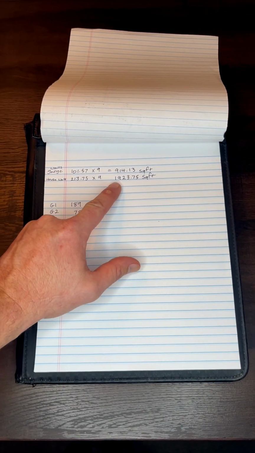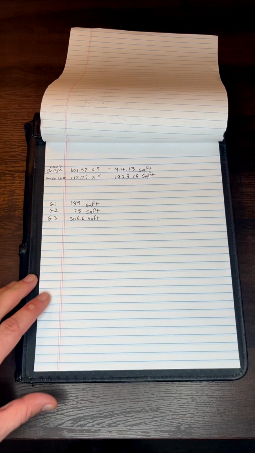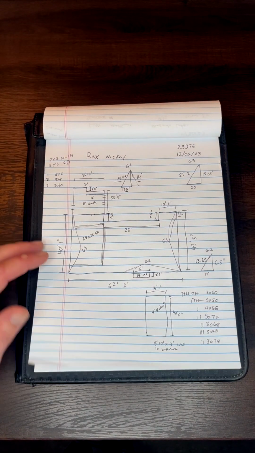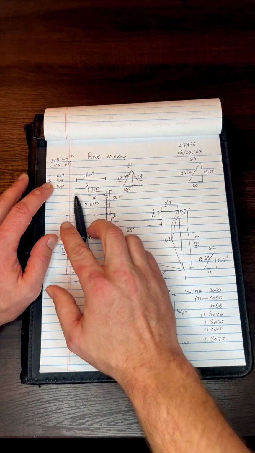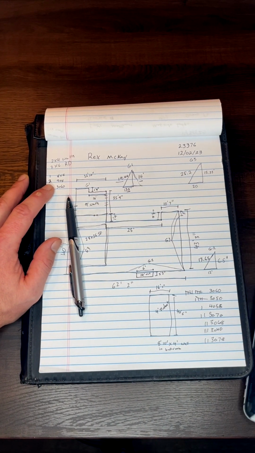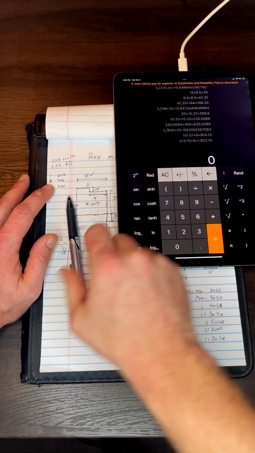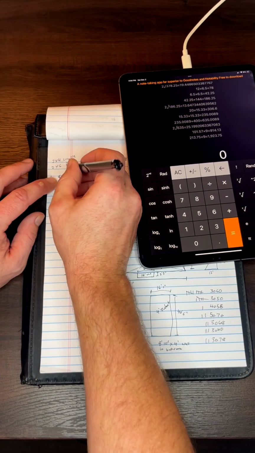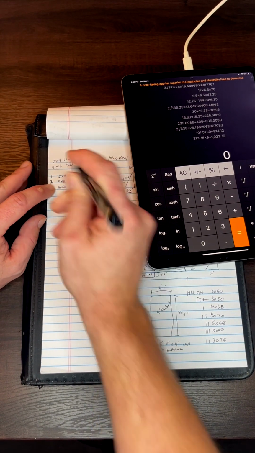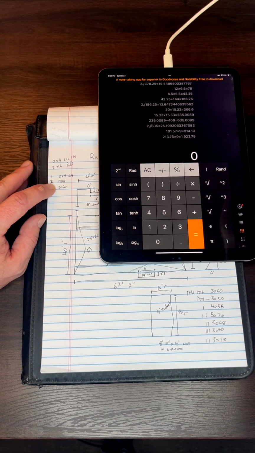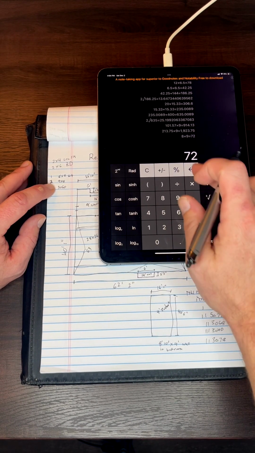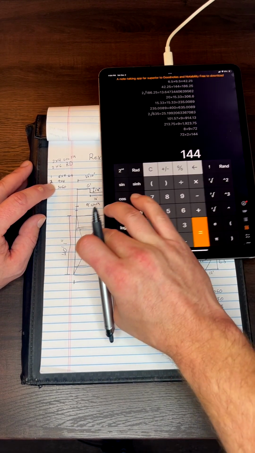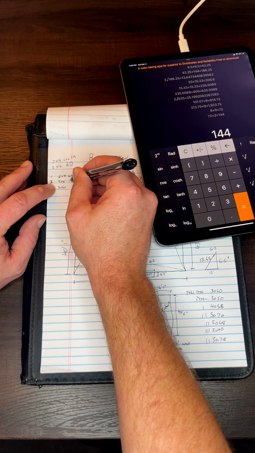Okay, now we need to subtract our windows and doors from these numbers before these are final. So let's figure out on our garage, we have one 8x8, so that's going to be 64 square foot. What's 8 times 9? 72. We're going to have 2 of those, so we're going to have 144.